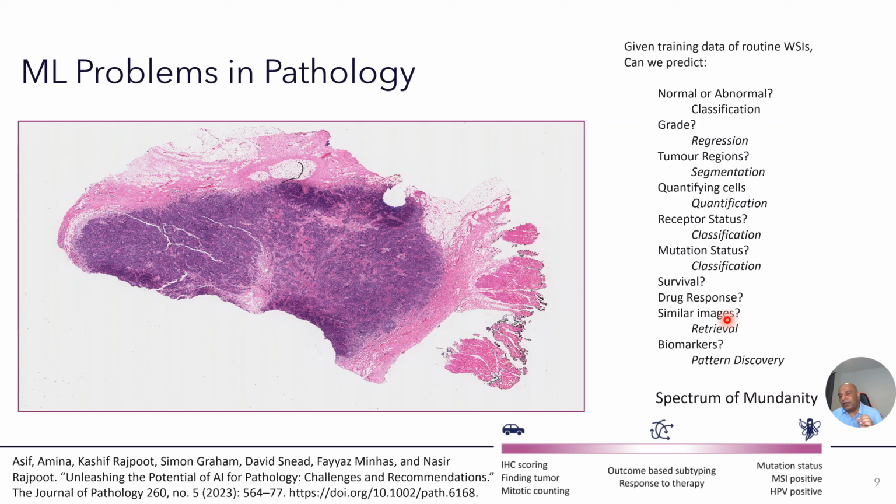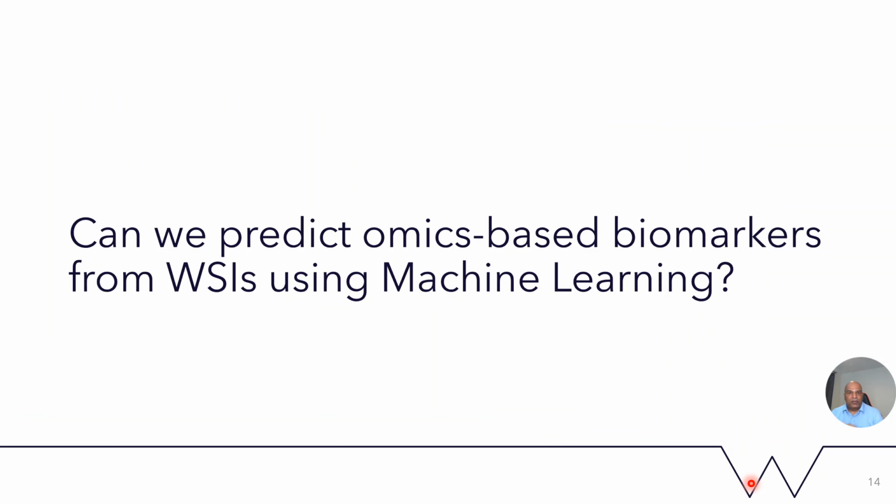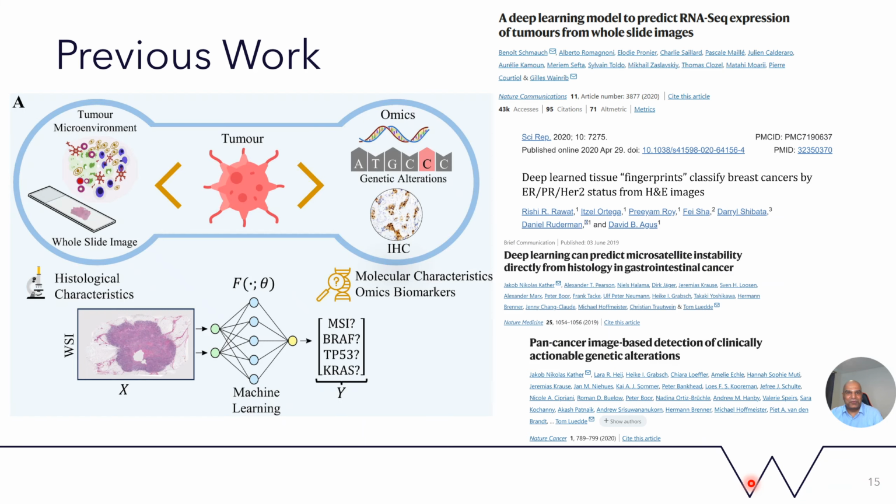So if we are able to achieve this end of the spectrum, then can we really replace those tests? And how far along are we to replacing those? Or in other words, can we predict omics-based biomarkers from routine whole slide images using AI or using machine learning? I will be using both of the terms interchangeably, so don't get confused by that.